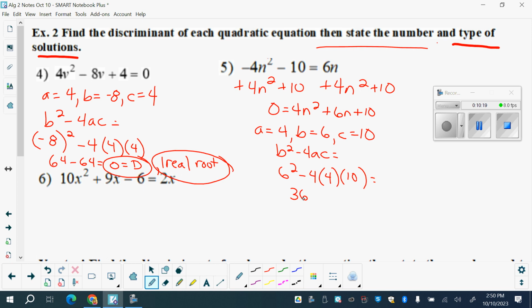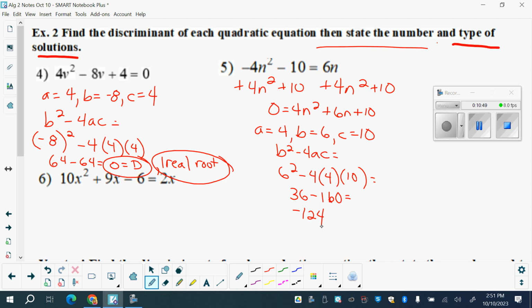That's 36 minus 160, which is negative 124. Let me double check my math. Is that right? Negative 124? Yeah, thank you. So negative 124.